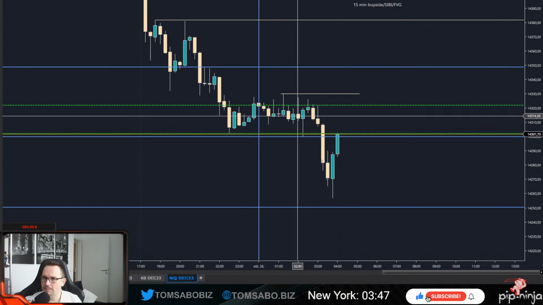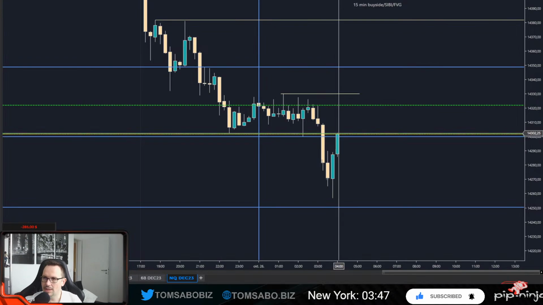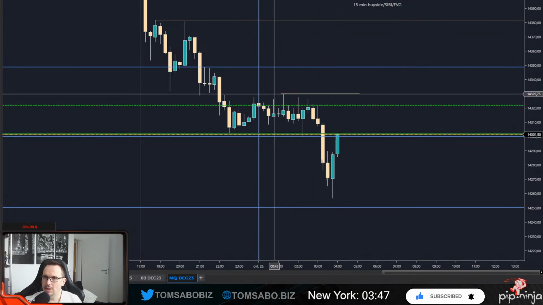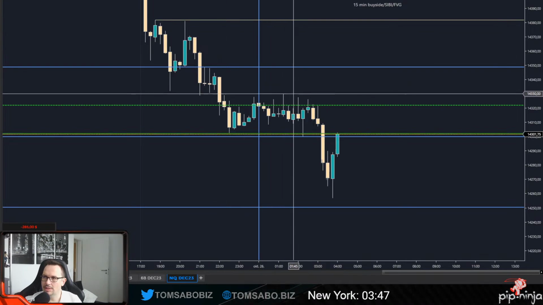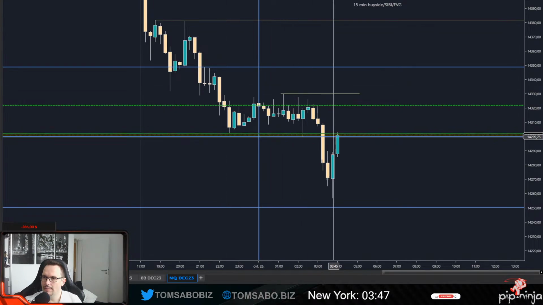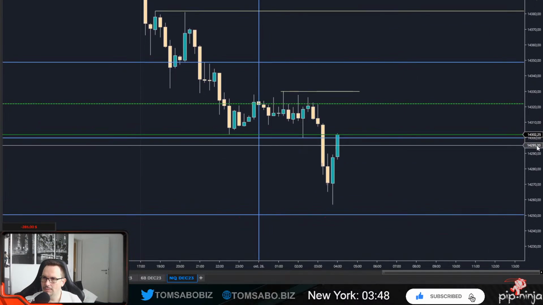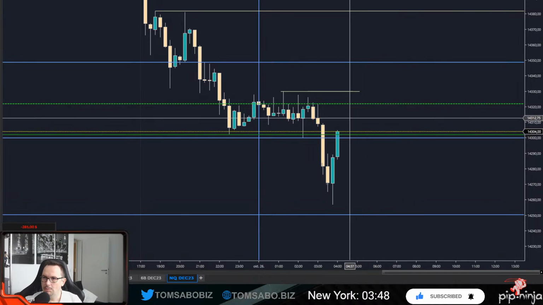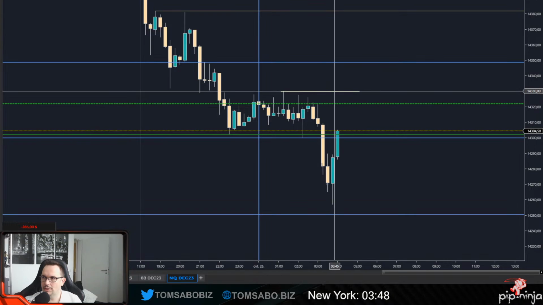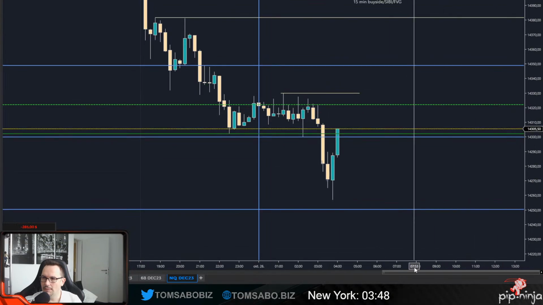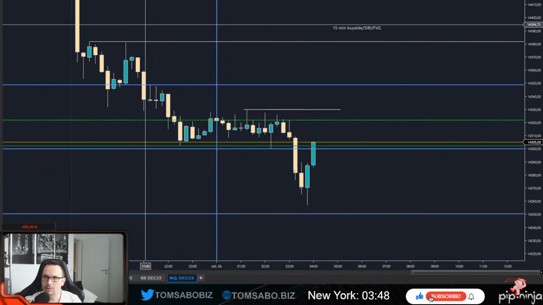It got back to yesterday's low, now it's testing yesterday's low. We do have a little bit of imbalance right here at this line at 330. Right now it got back above the 300 level. The next reasonable target would be 330 if it wants to pop back up. It took liquidity down here.